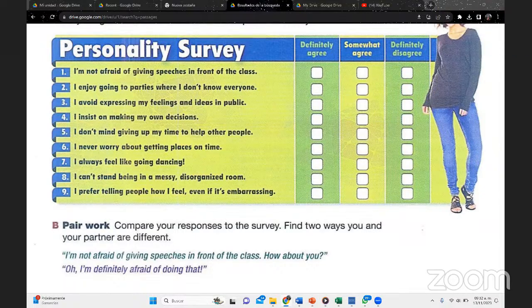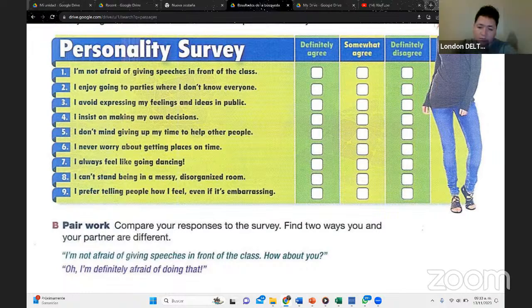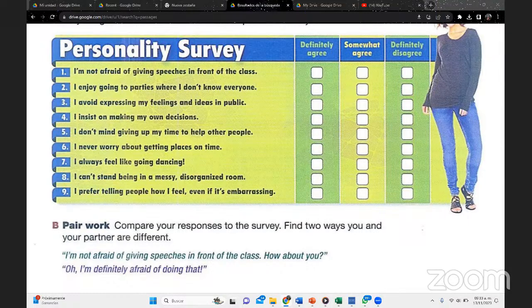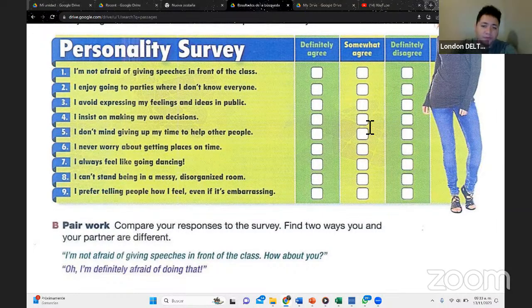Somewhat agree. Very well. Somewhat agree. It depends on the moment. Very well.